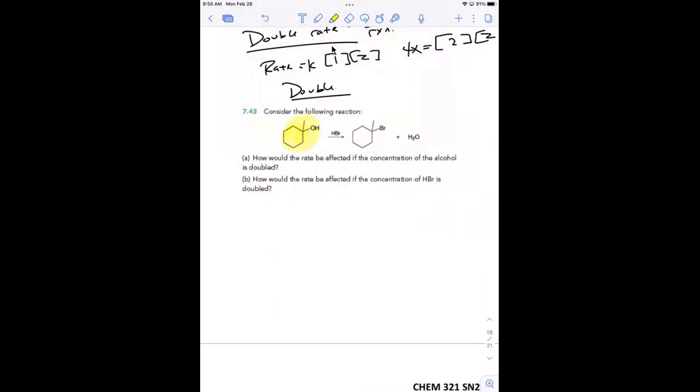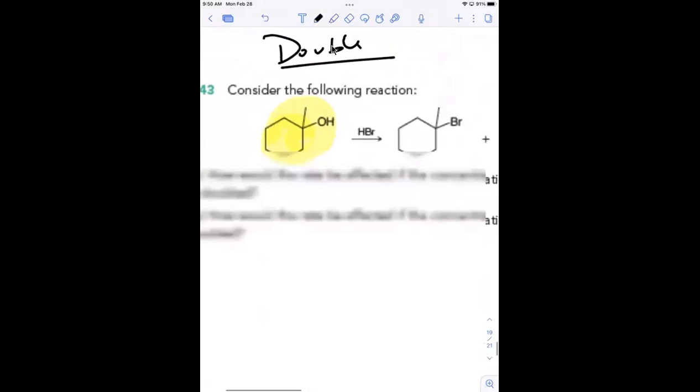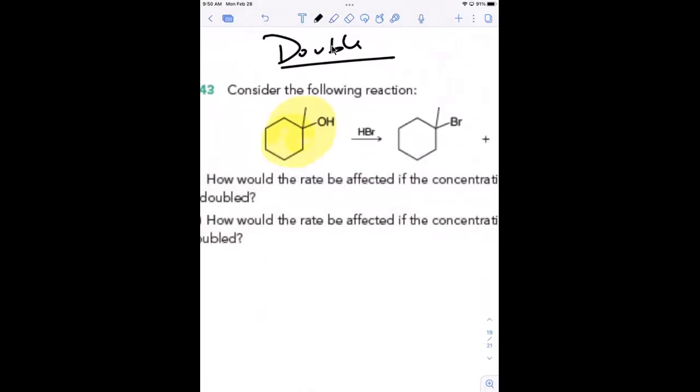Is it SN2 or SN1? SN1. It's got to be SN1 for one reason: this is a tertiary substrate. My leaving group is on a tertiary carbon. Tertiary carbons do not do SN2 substitution.